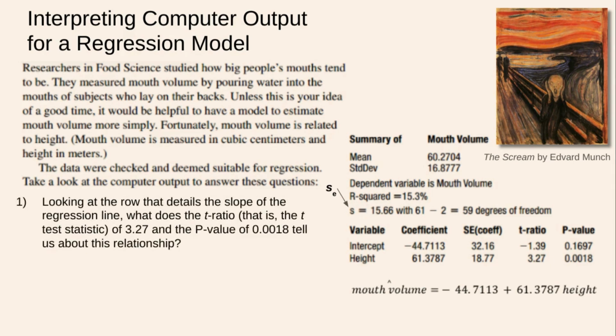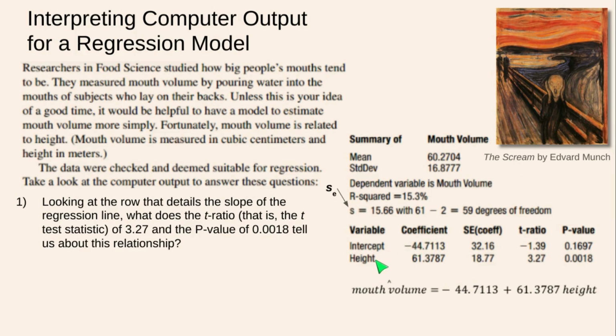So here comes number one. Looking at the row that details the slope of the regression line, what does the t ratio, that is the t-test statistic, of 3.27 and the p-value of 0.0018 tell us about this relationship? So what are we referring to? Well, we are referring specifically to the height.